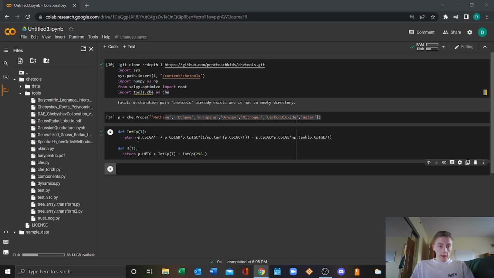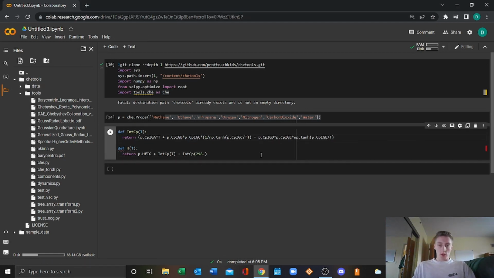And then there's one thing that we need to do to this equation to keep units in check, and that is divide it by 1,000, and I'll show you here in a second.